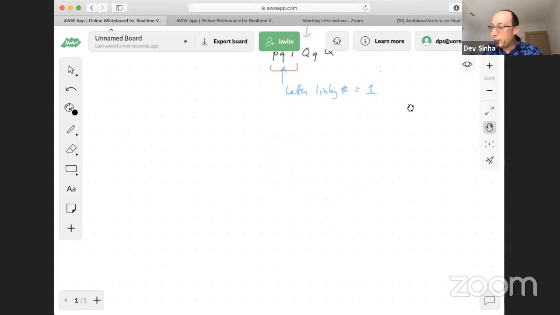Another good example, slightly more complicated, was a map from S4 to a wedge of 3 two-spheres.